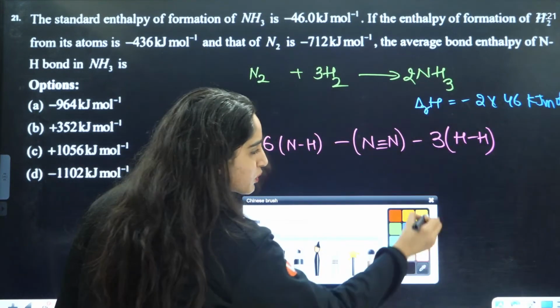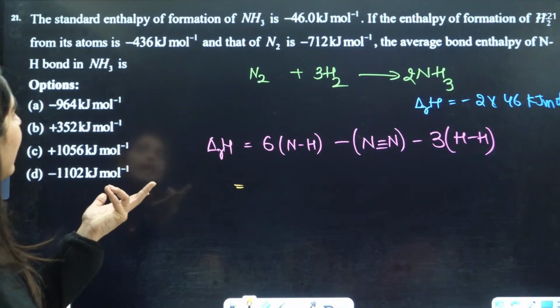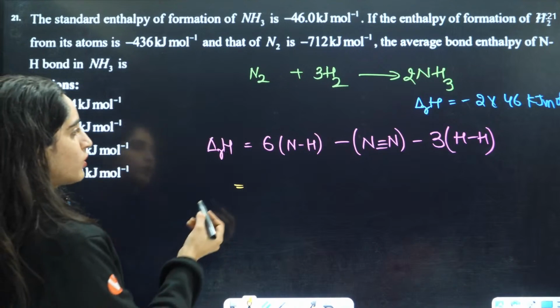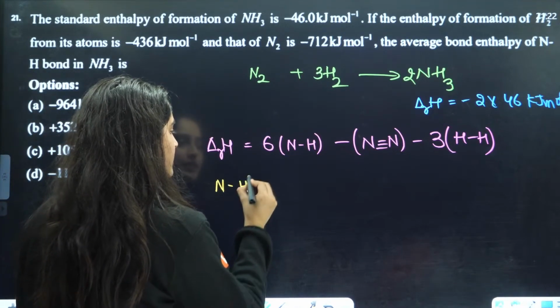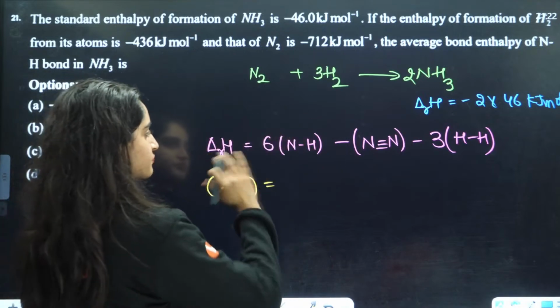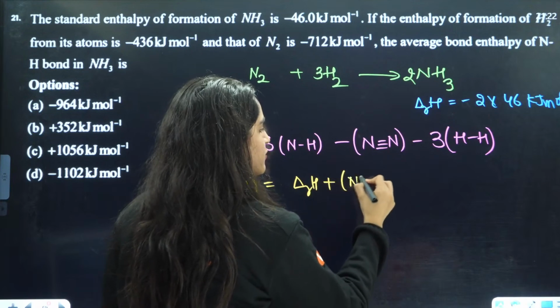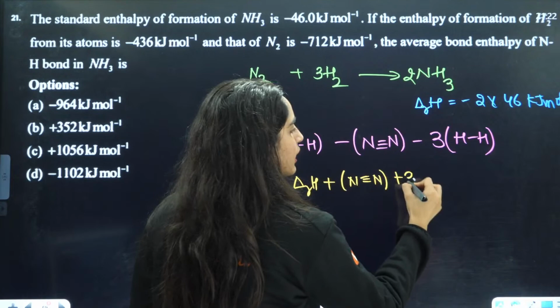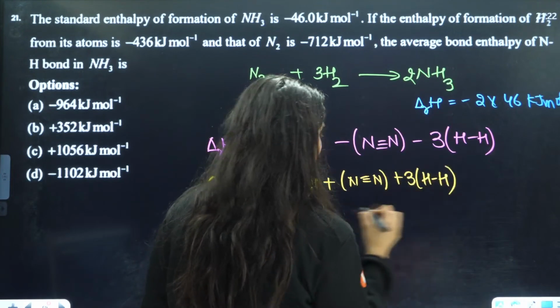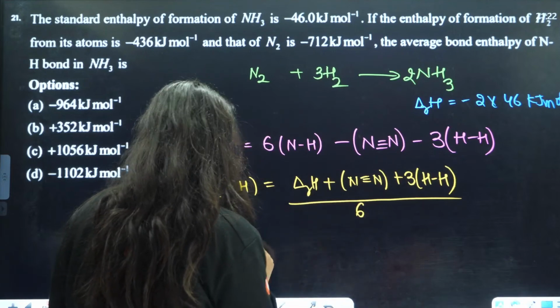So here you will just put the values. It will be 6 into NH. NH is what you have to find. So NH bond is equal to delta H of reaction plus N triple bond N plus 3 of HH, divided by 6, right? Just put these values here.